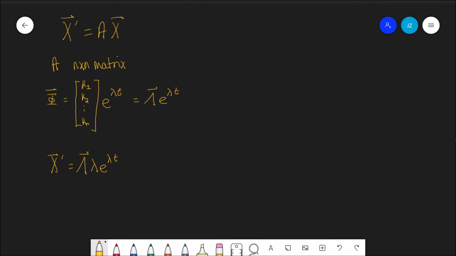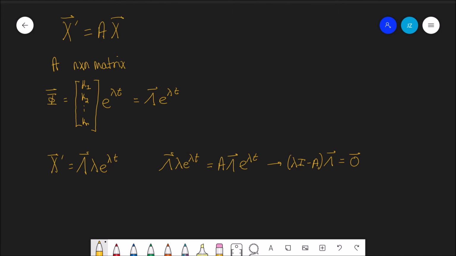So our homogeneous system now becomes capital lambda, lambda e to lambda t is equal to A capital lambda e to the lambda t, which can be rewritten as lambda I minus A times capital lambda is equal to the zero vector.